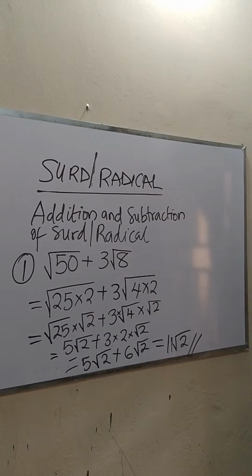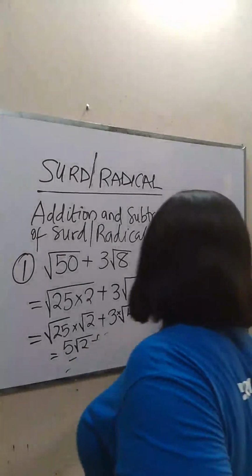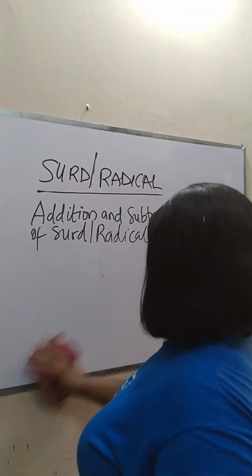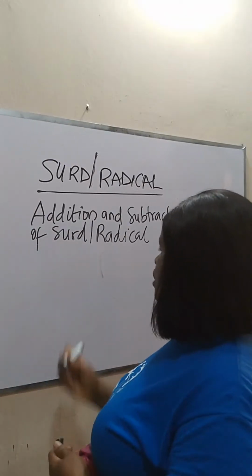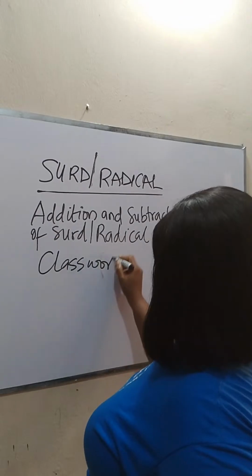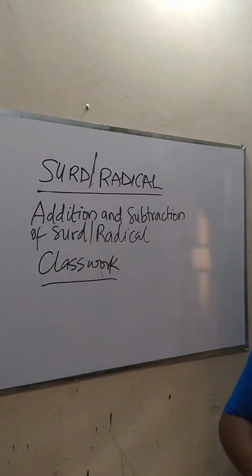Okay? So let me give you a small classwork so that you do. Classwork, please solve. Let me see whether you're even following me. Okay? So this is the classwork.